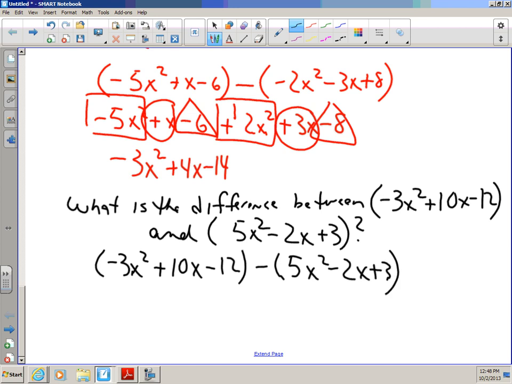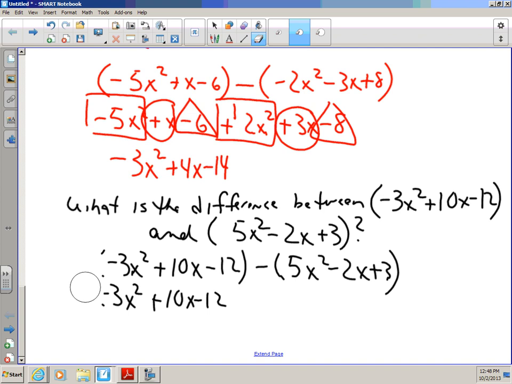I will distribute out the minus sign. And I should not have my parenthesis there, but there.